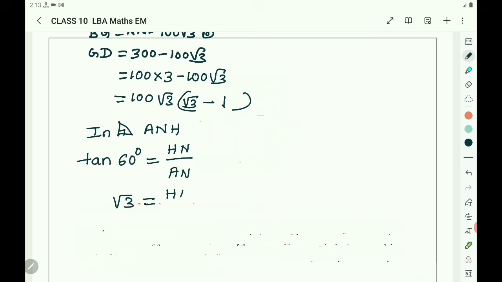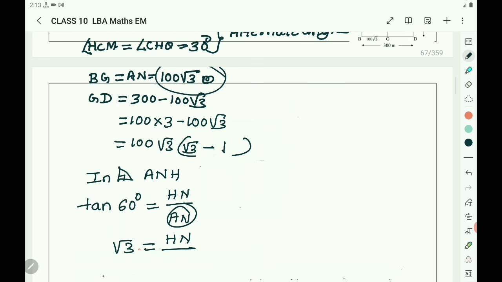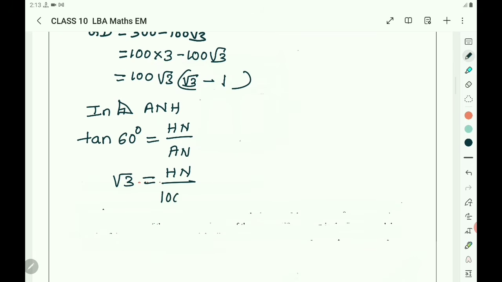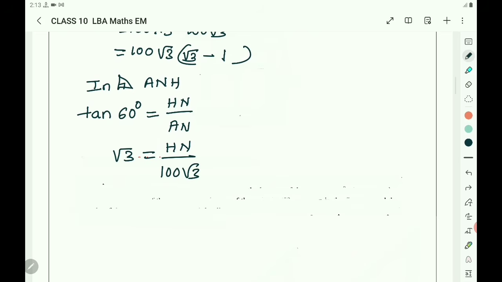HN is to be found out. Write HN only. AN is 100 root 3. So root 3 into 100 root 3 is equal to HN. Root 3 into 100 root 3 is 100 into 3 equals HN.